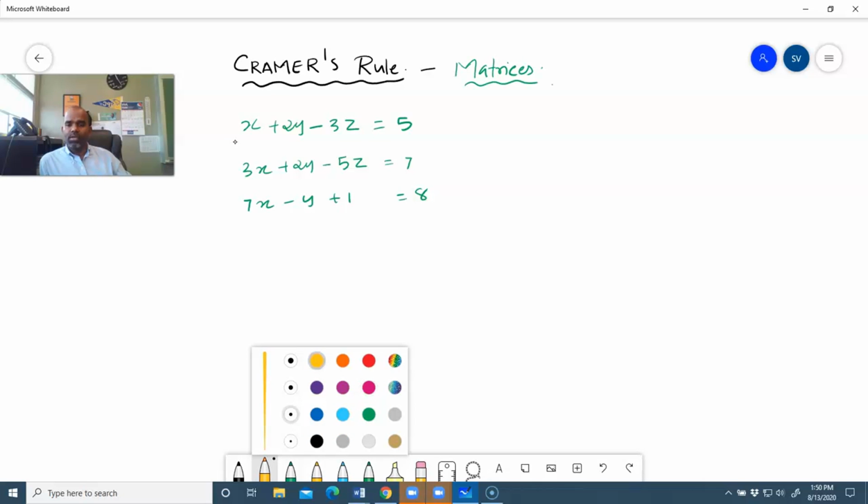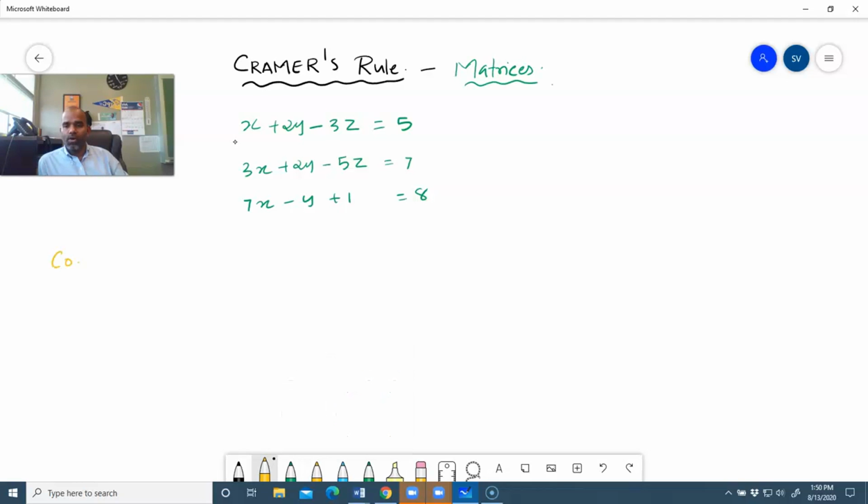To solve this system using the idea of matrices, we will express this system in the form of a coefficient matrix. That is a matrix which contains the coefficients of the given variables.